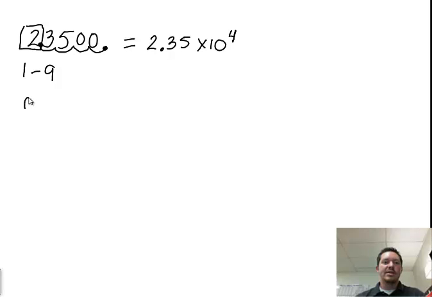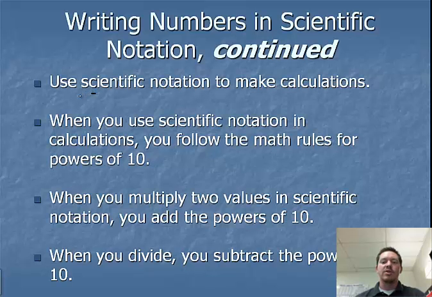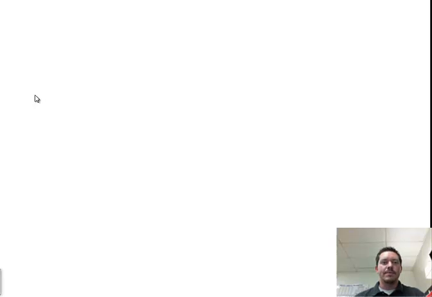Alright, let's look at a really small number now. Let's say I've got 0.00235. Again, I can only have a number between 1 and 9 in front. Notice my number is really small. It's smaller than 1 because there's not a value here. So again, I'm going to move my decimal over until I've got the first number as a value between 1 and 9.